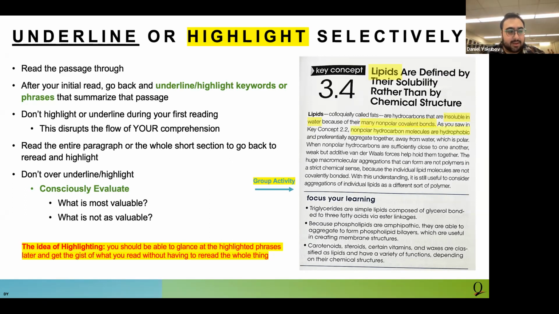Exactly right. Again, this piece is describing lipids, specifically the solubility and the chemical structure. You wouldn't highlight that water is polar because we're not talking about water here. We're talking about lipids. You would have learned water is polar in the first chapter of the semester.